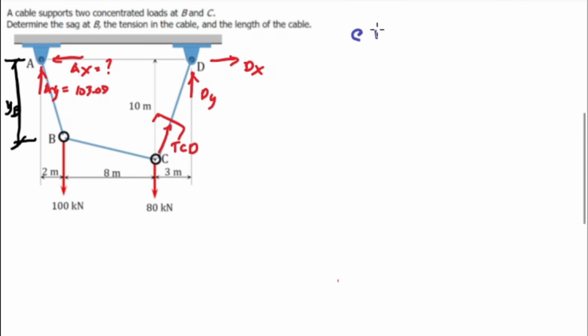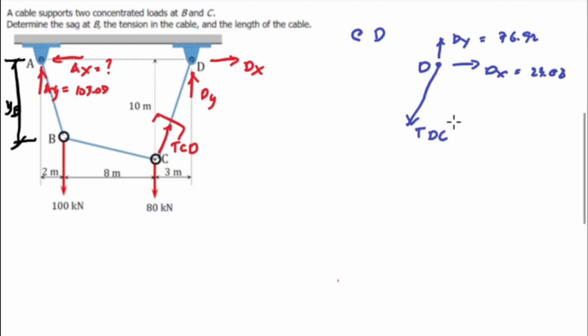At point D, or in the support D, we have d of y and d of x. The value for d sub y is 76.92, and the value for d sub x, that's 23.08, and this is in tension DC.